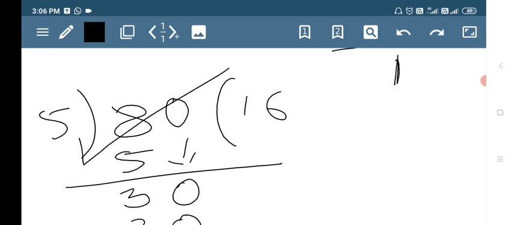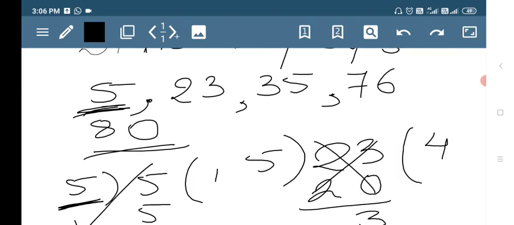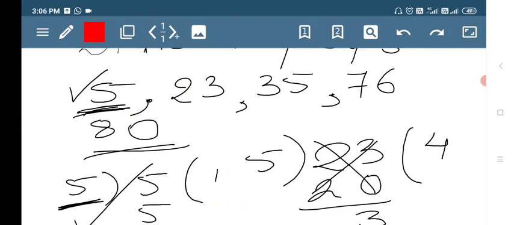So this is also divisible by 5. So here, by doing this test, we came to know that 5 is divisible by 5. 23 is not divisible by 5. 35 is divisible by 5. 76 is not divisible by 5. 80 is divisible by 5.